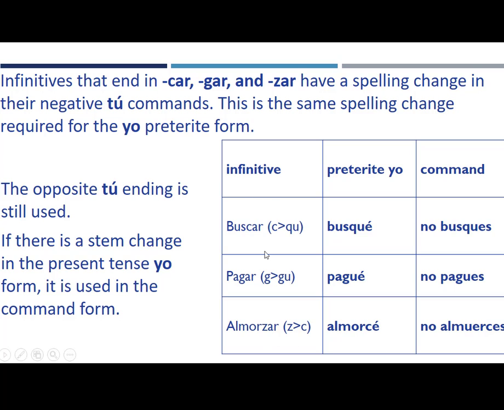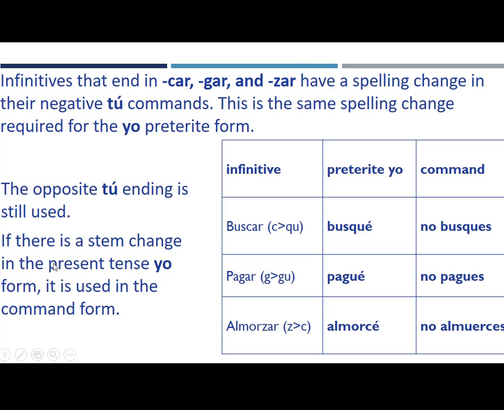When you're using them in a command form, you need to be careful because you're using a different ending. You're just going to use busques. You're going to use ques, gues, and ces. It's very similar to the preterite that you should have seen before. It's just like the preterite form, the past tense, just with a different ending.